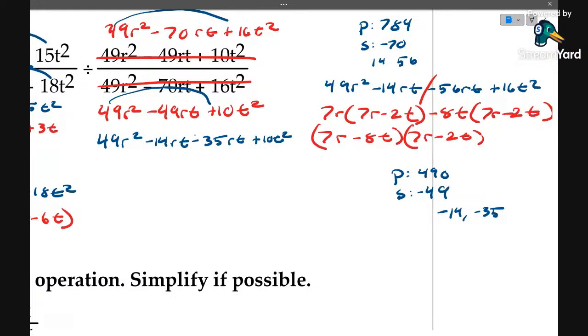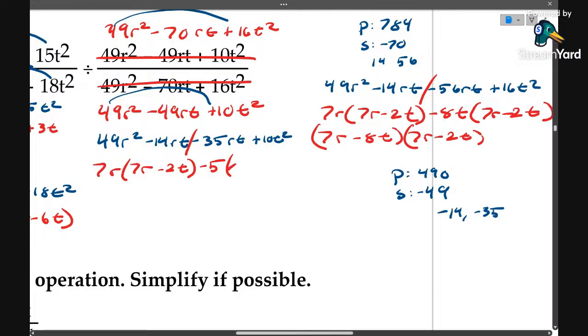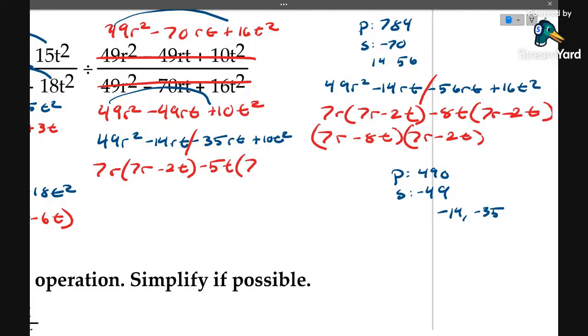Factor by grouping, 7R minus 2T, and negative 5T, let's not forget the T, (7R minus 2T). So we're left with 7R minus 5T and 7R minus 2T.